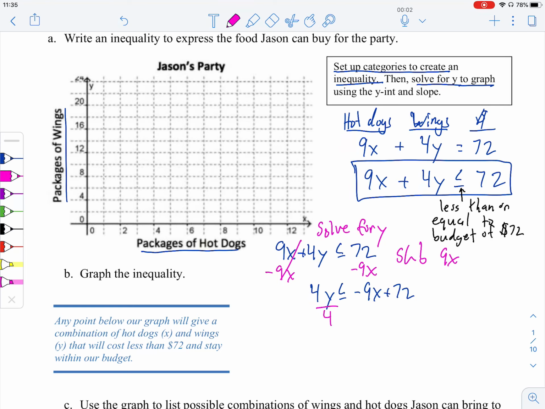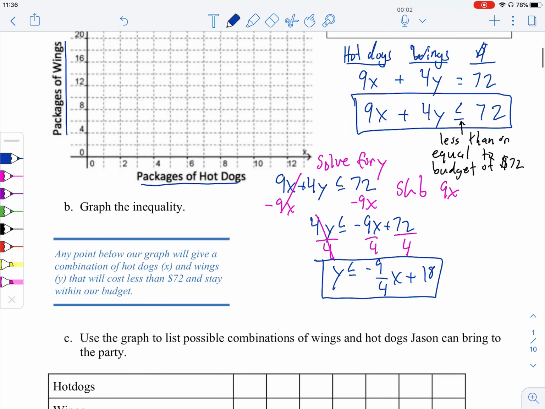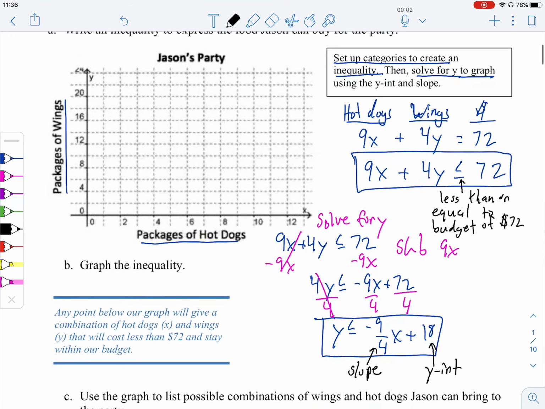Then divide by the coefficient to everything. So we have y is less than or equal to negative 9 over 4x plus 72 divided by 4 is 18. So this is the inequality that we want to graph. And it's given that this is our y-intercept, right? The number next to the x is our slope. So we're going to use that to graph.